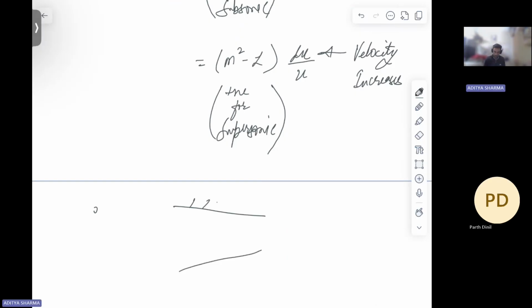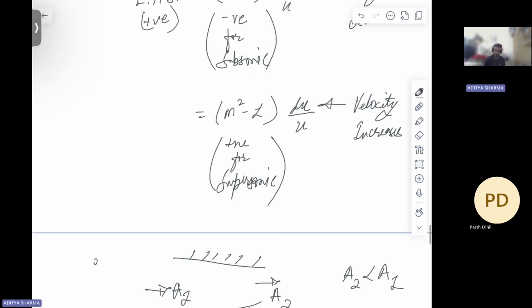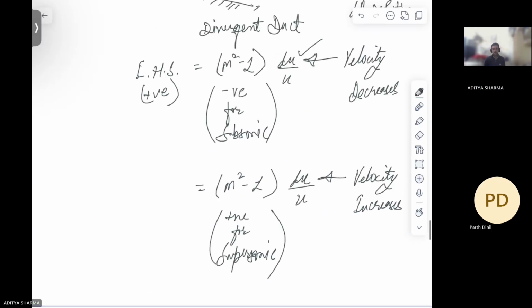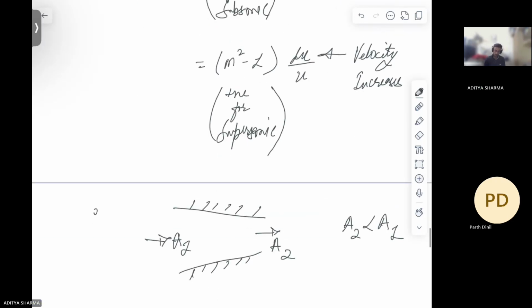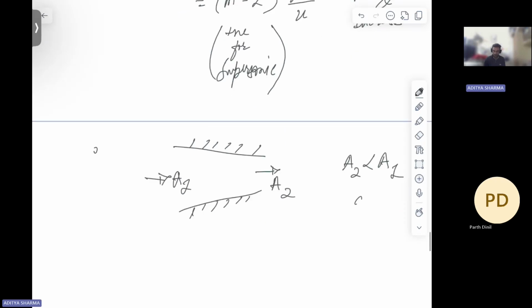And if your duct is convergent, okay, your A2 is less than A1. In that case, things will be opposite, right? So dA is negative here.